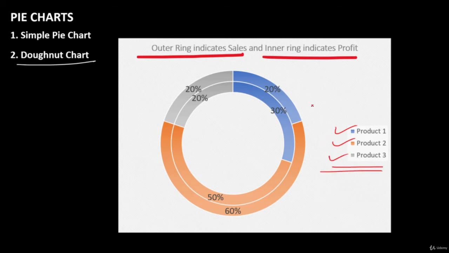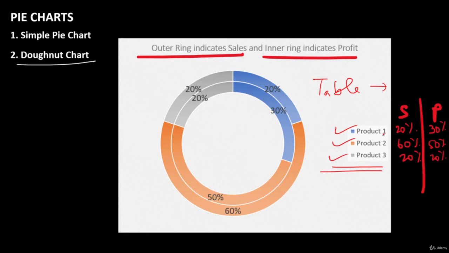So if we were to convert this pie chart into a table, how would it look like? Let's do that over here. You have sales and you have profit. Now from product 1, you have 20% of the sales, right? Because this is 20% over here. From product 2, you have 60% of the sales, and from product 3, you have 20% of the sales.